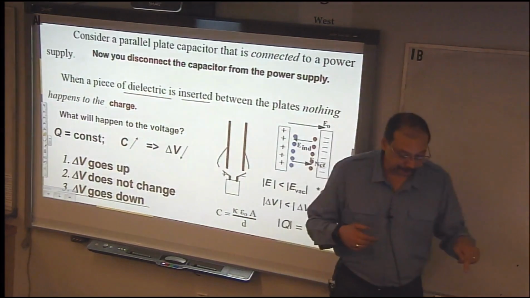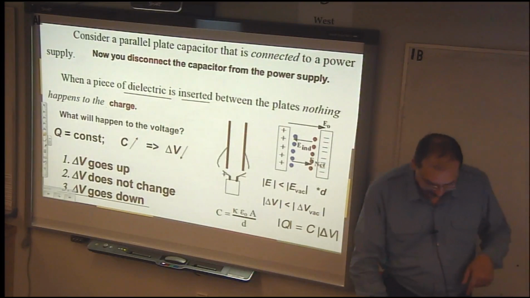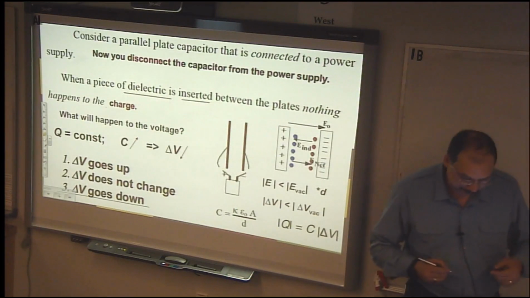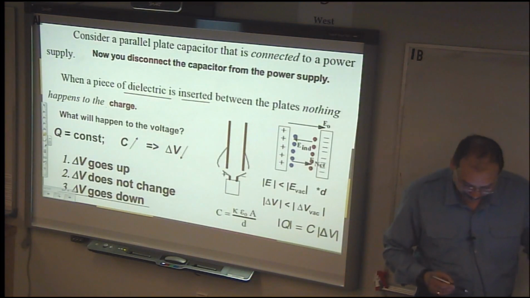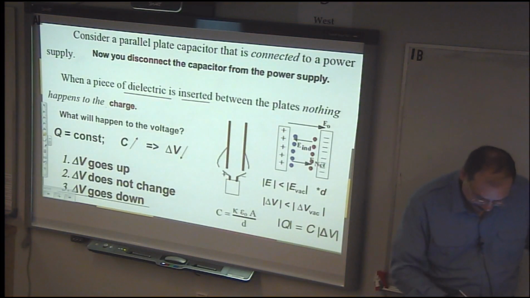That's why, first of all, now we can say what kappa is actually equal to. This is the official definition of the dielectric constant: electric field in vacuum or air divided by the actual electric field.